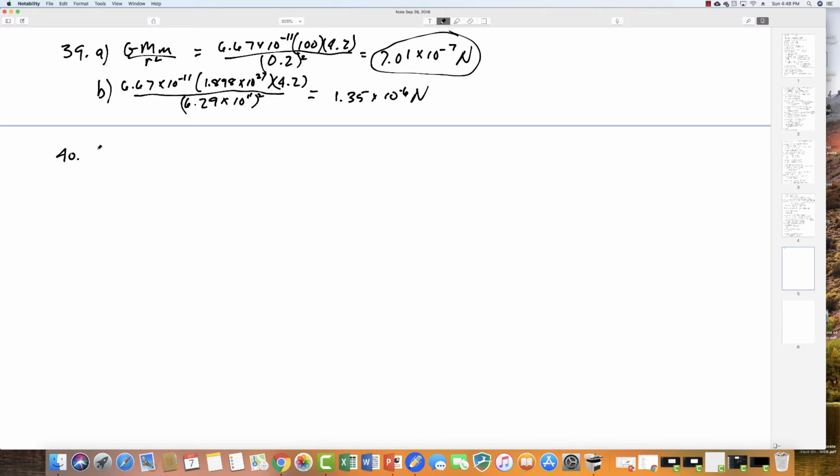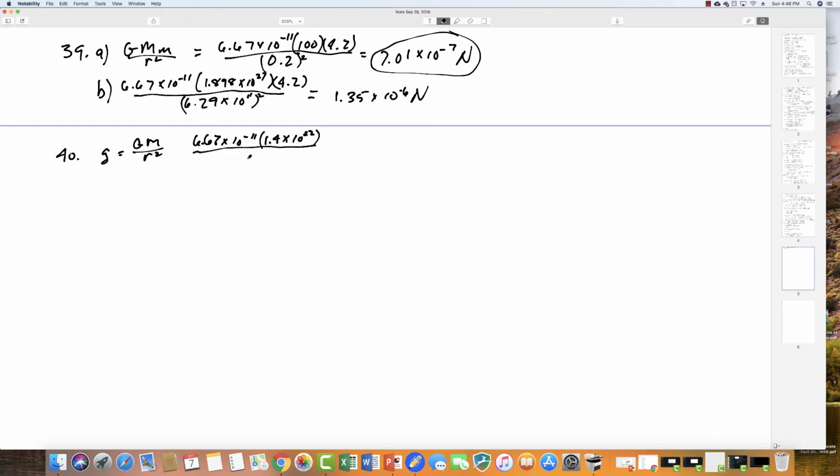So it says calculate the acceleration due to gravity at Neptune due to Pluto when they are 4.5 times 10 to the 12th meters apart, as they are at present. And the mass of Pluto is 1.4 times 10 to the 22. Now, it's the acceleration due to gravity, so now we use GM over r squared. So this is 6.67 times 10 to the minus 11, and the mass of Pluto is 1.4 times 10 to the 22 kilograms.